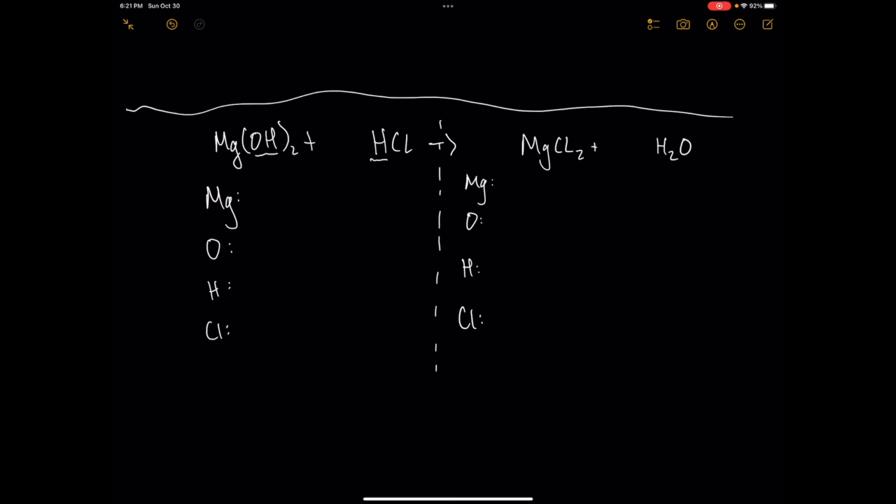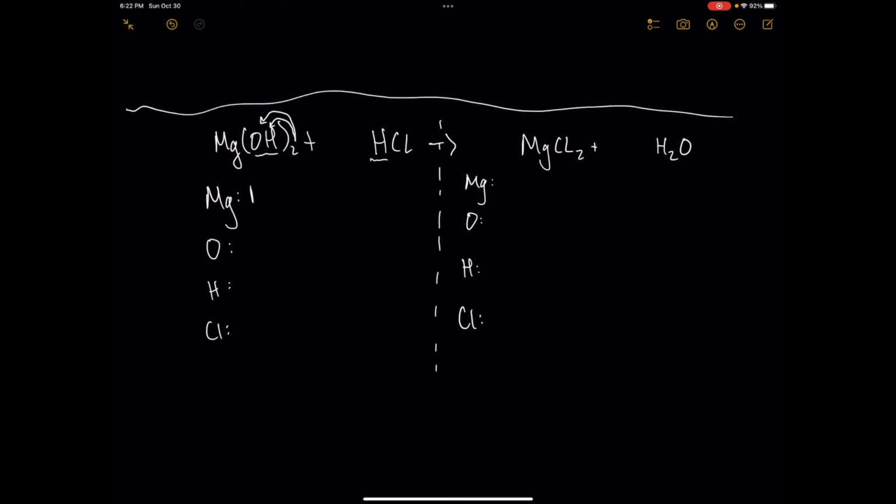So now that I've got all those written down, all I need to do is go through and count the atoms. So on the left-hand side, the reactant side, I have 1 magnesium atom. I have, oh, look at this, a parentheses with a subscript outside. Now when I have that subscript, it goes to both of these, because it's saying that I have 2 of those little polyatomic ions that are with the magnesium ion.